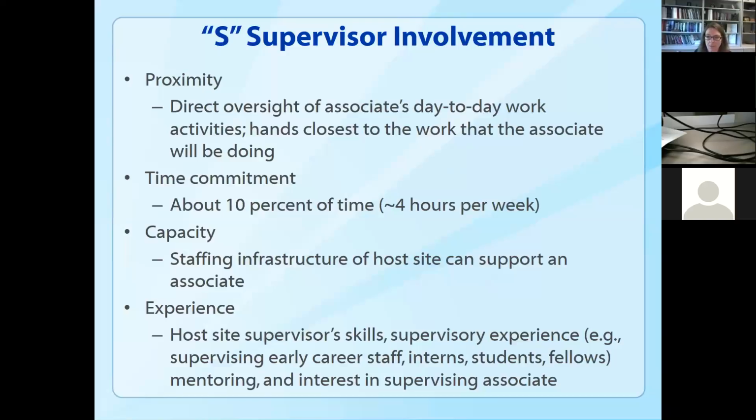The next big thing, and I cannot overemphasize this part, is the supervisory involvement. There's a section on the application, I'm trying to pull one up, that talks about the primary and secondary supervisor. Some people kind of softball it, just put a few sentences in there. This is a huge part of it.